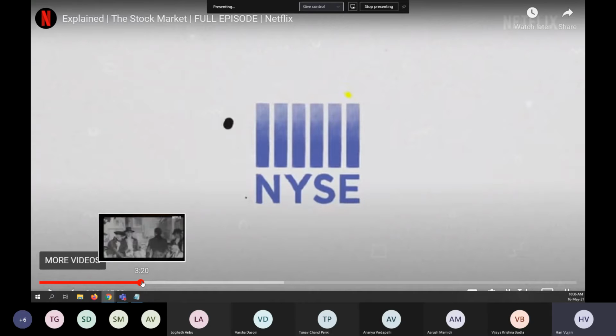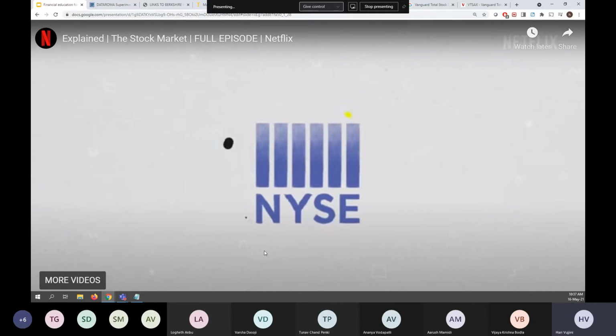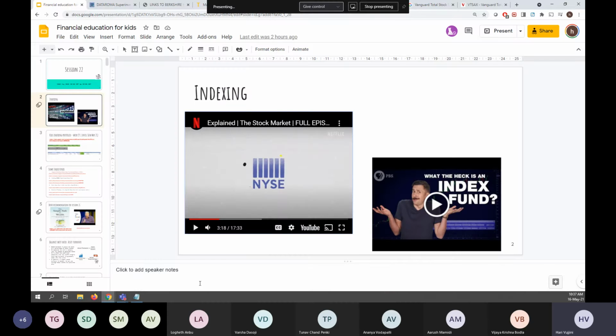In India, we have Nifty 50, and we also have other indexes. So every country has indexes through which they track how the markets are doing, and investing is basically investing in those indexes.